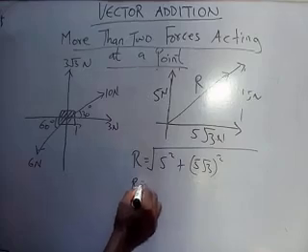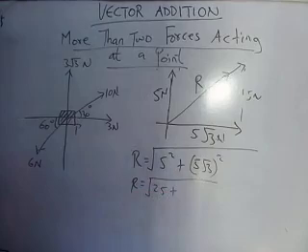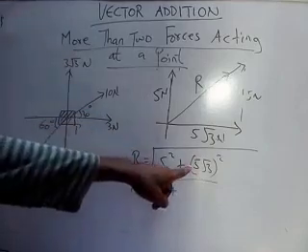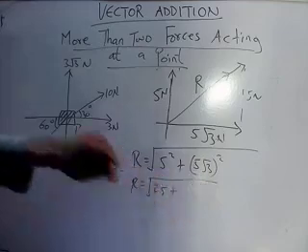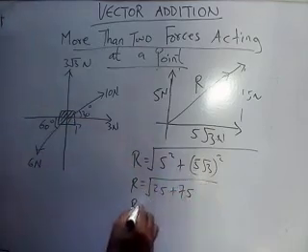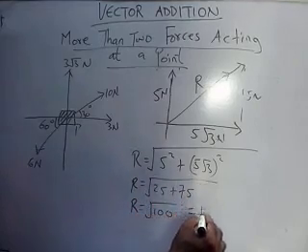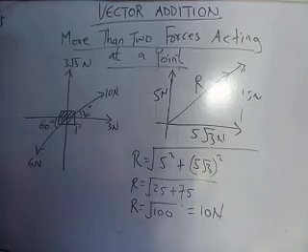So resultant equals 25 plus, 25 times 3 is 75. So our resultant is square root of 100, which is 10 Newton. So the resultant of all these four forces acting is 10 Newton.